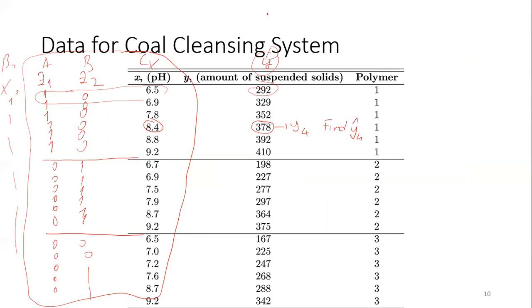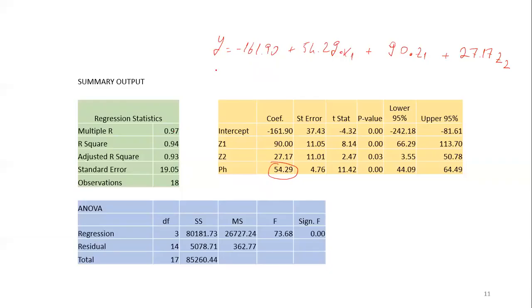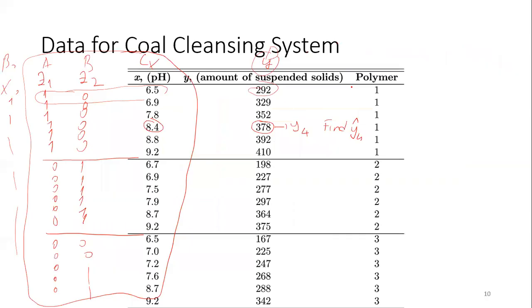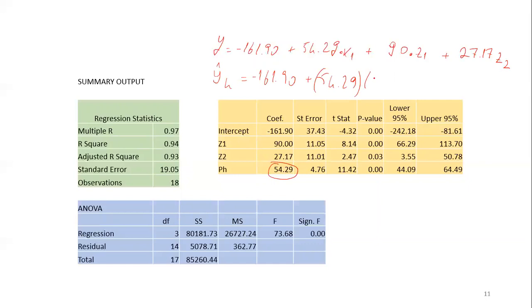Y4 hat is equal to simply, so it's polymer 1, 8.4. So that's equal to y hat 4, minus 161.90 plus 54.29. What is x1? I forgot it. That's 8.4. 8.4 plus 90 times z1. What is z1? It's 1, right?